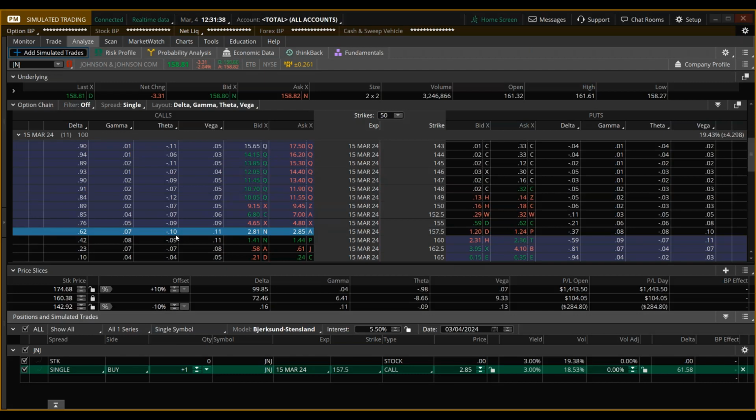Well, theta is not a straight line. It's not going to be 10 every day from now until options expiration. It's going to increase. That means your time decay is going to get larger and larger, and it's going to eat away at your option premium faster and harder the closer you get to the expiration date. Well, to answer your question, the same is true.